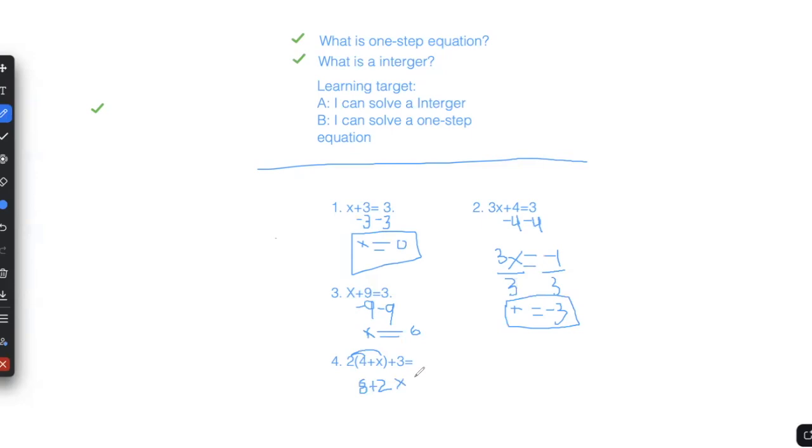Okay, we'll just say equal to -3. Plus 3 equal to -3. Combine like terms, that's gonna be 11.